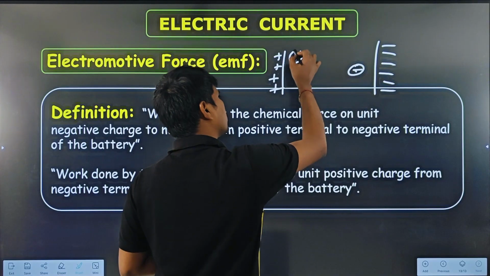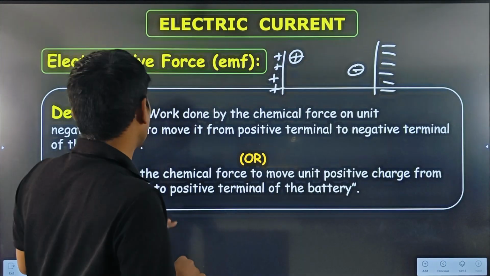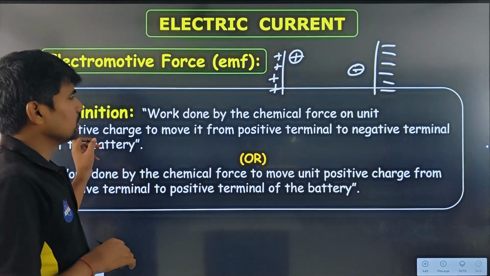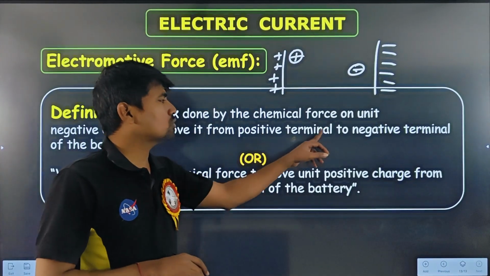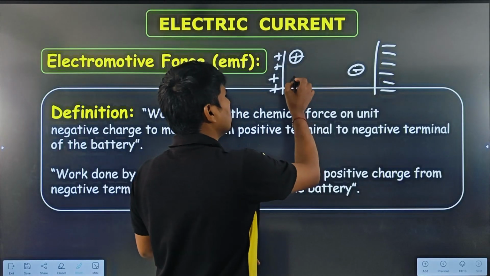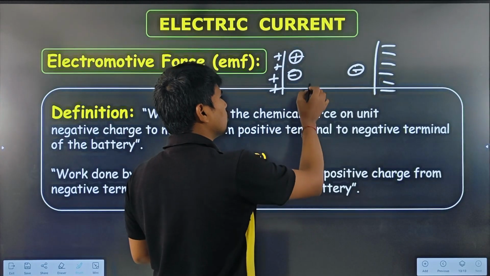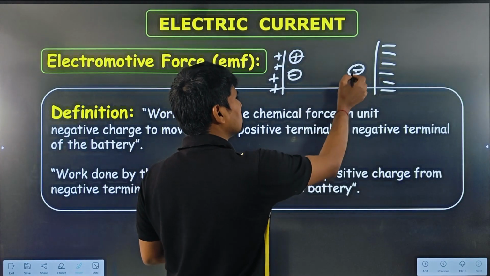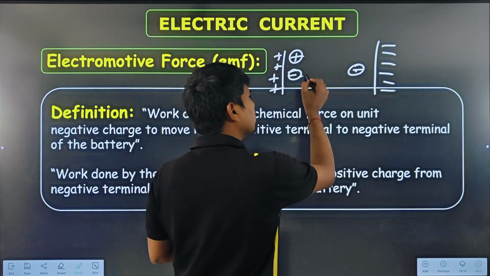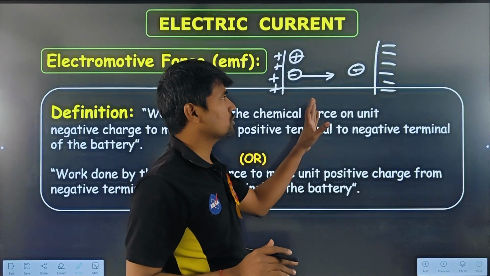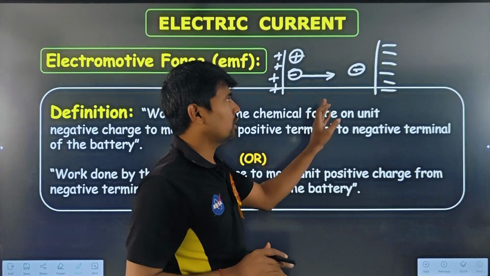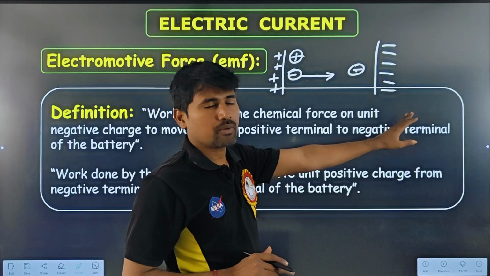There is one electron near the negative plate, one proton near the positive plate. For example, if you consider the first definition, the negative charge must move from positive to negative. Why? Because in the battery, chemical energy does this work. It separates the same polarity.